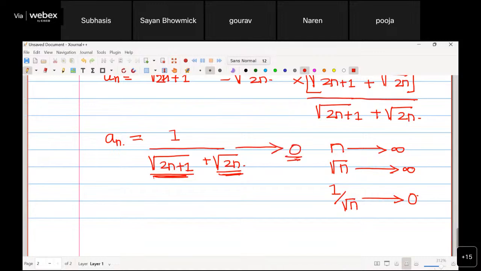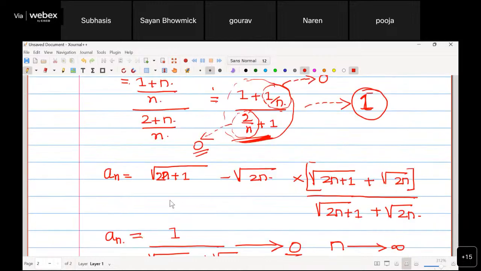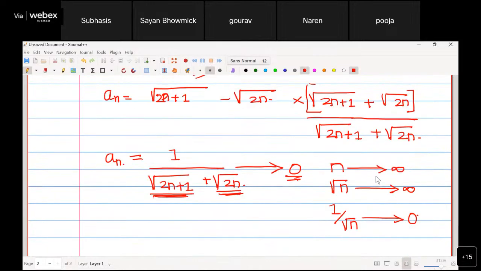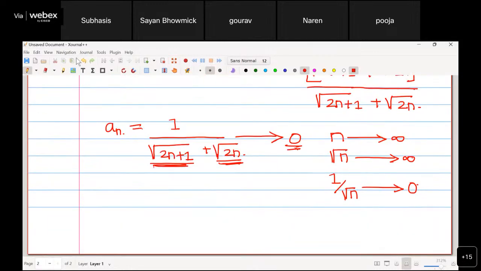So this is the limit of this sequence. There are a lot of things you can do with the limit of a sequence, and in many cases it's not that easy to find. Here you can see what you want to do, but in some sequences it's extremely difficult to find the limit.